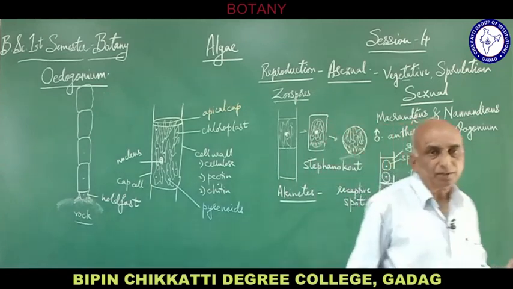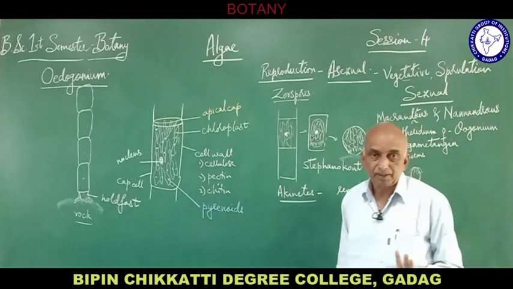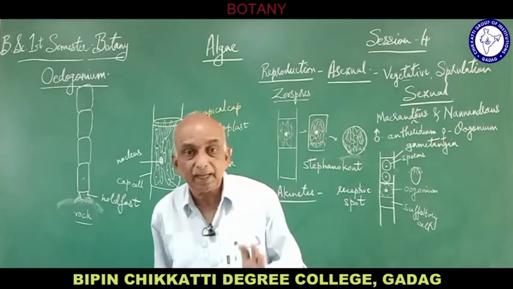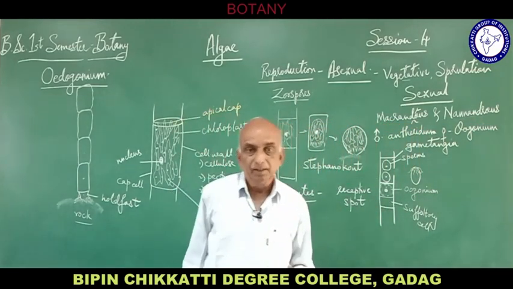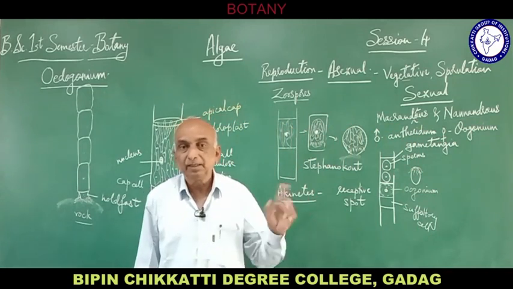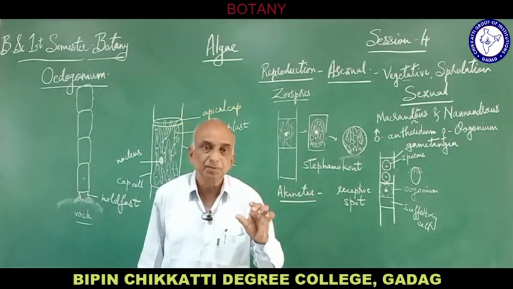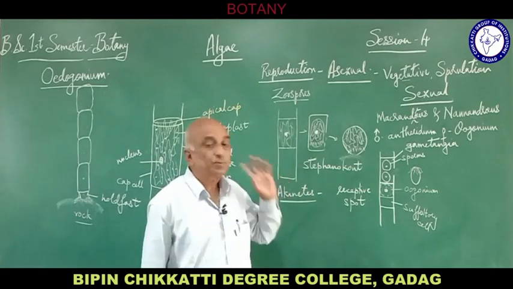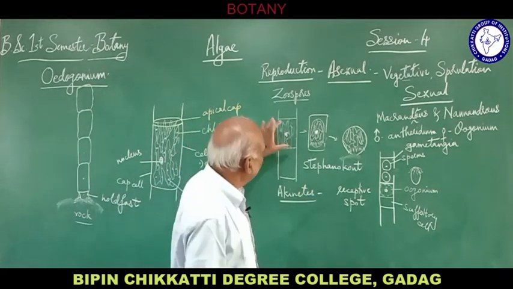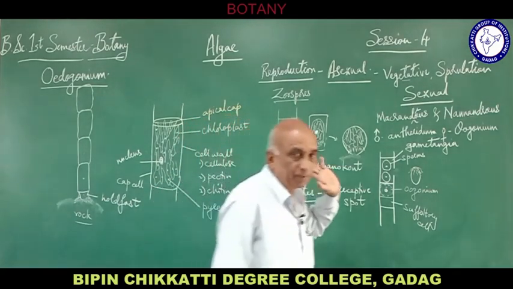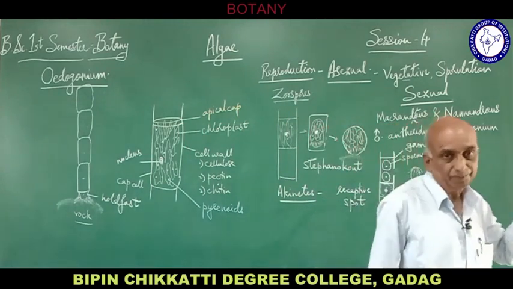A single oogonium produces a single egg, but an anthridium produces a pair of sperms, remember. And in the asexual, a single zoospore is produced by a single zoosporangium. So this cell is called the zoosporangium, the cell which produces the zoospore.